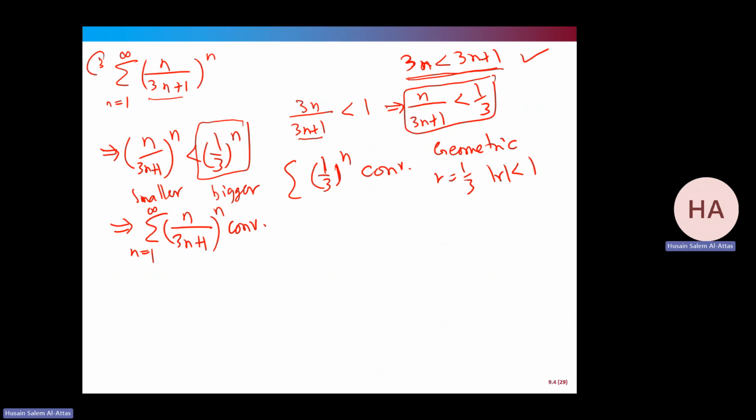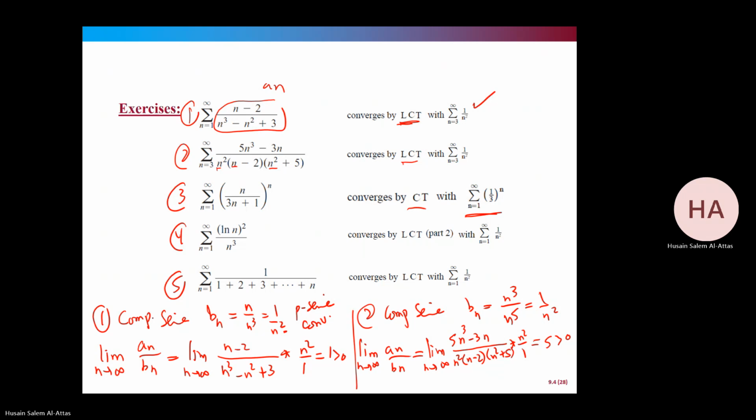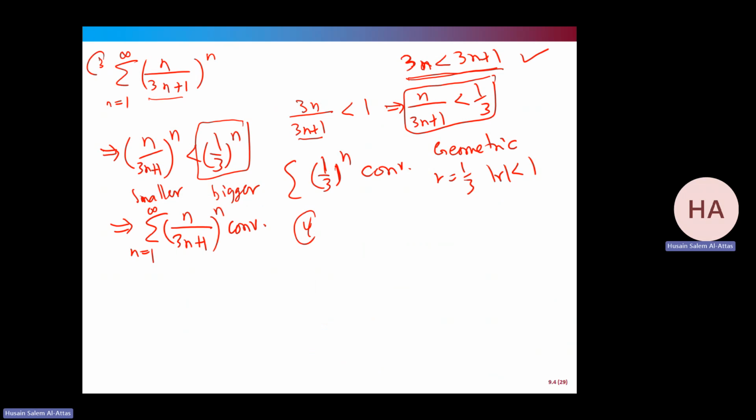Okay. 4. Let me try to do 4. Squeeze it here because I need 4 and 5. Okay. 4. What I have is ln n all squared over n cubed.